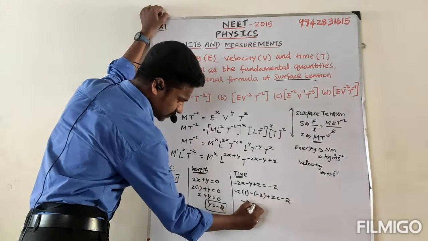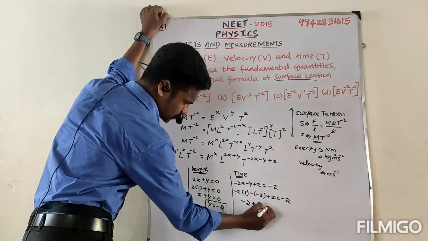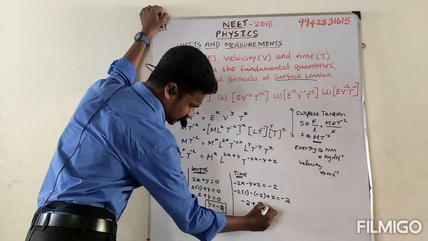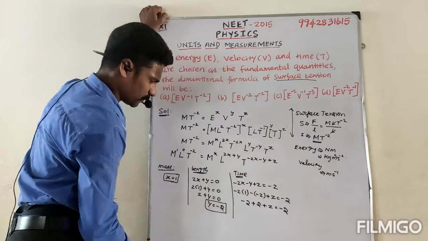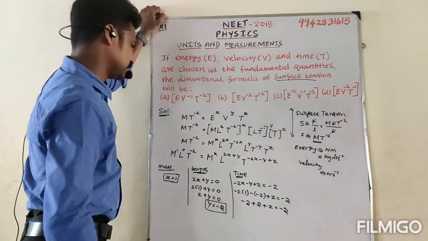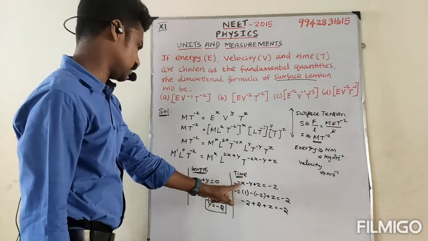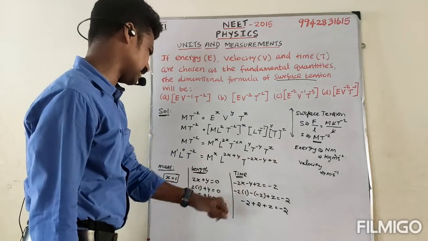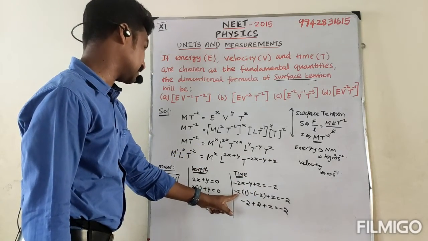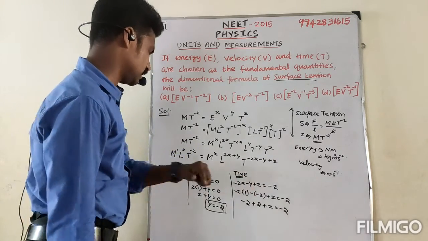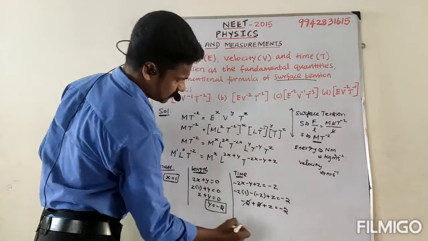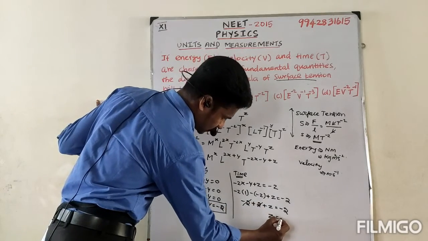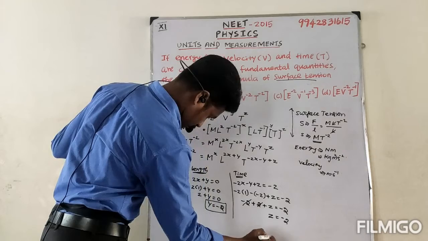Minus of minus 2 is plus 2. Then plus Z is equal to minus 2. Here minus 2 plus 2 will be cancelled, so Z is equal to minus 2.